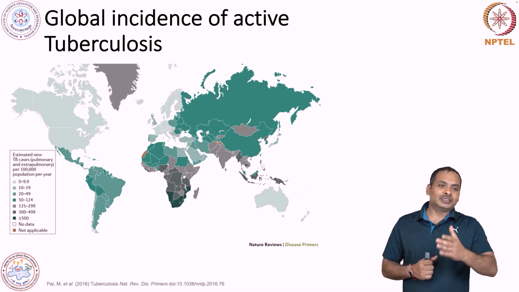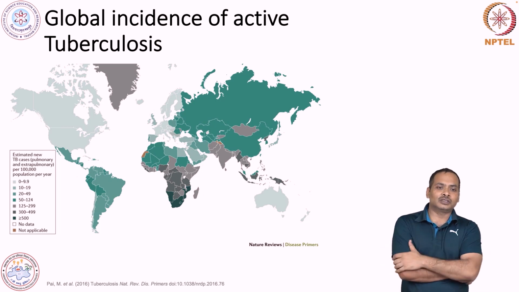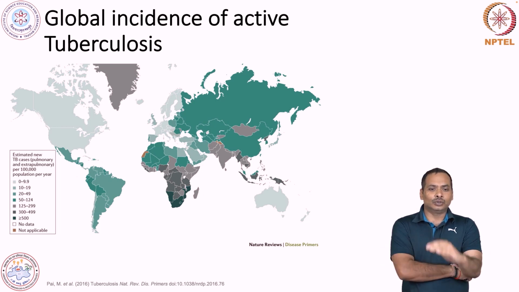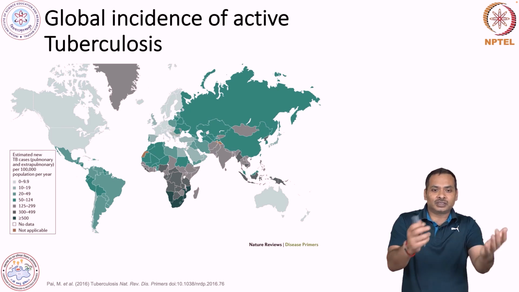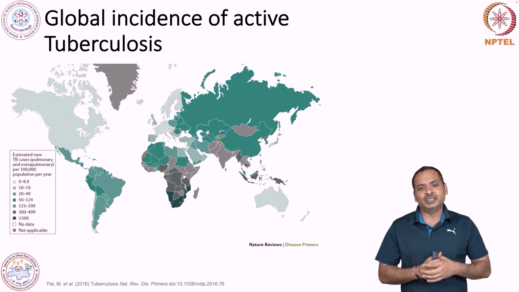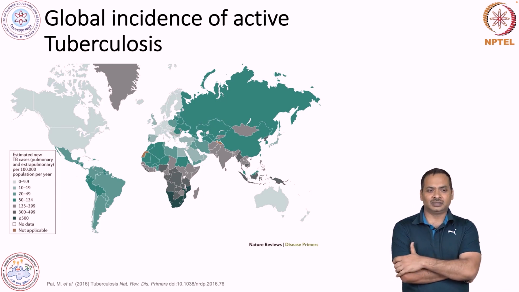Close to the North Pole there are also a lot of tuberculosis cases. If you go to the South Pole also, there is a reasonably good number of cases. And of course the Asian continent, including India, has a lot of tuberculosis cases.